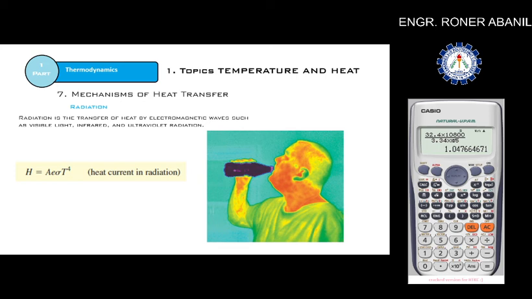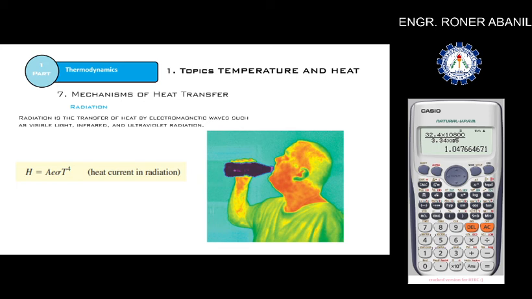As the temperature rises, the wavelengths shift to shorter values. At 800 degrees Celsius, a body emits enough visible radiation to appear red hot. When a body reaches 800 degrees, it emits visible radiation, which we can see in the metals we heat.